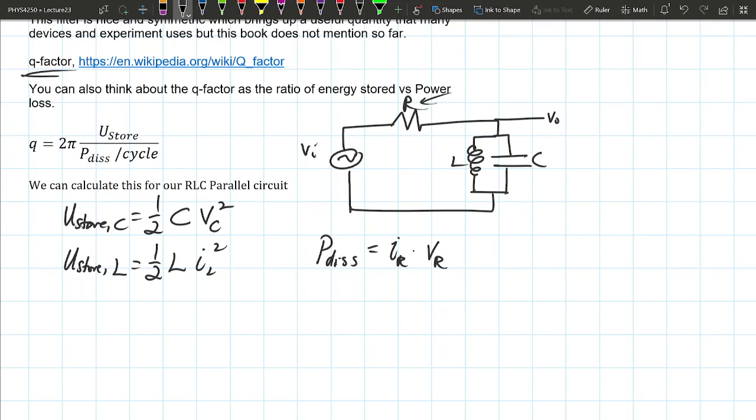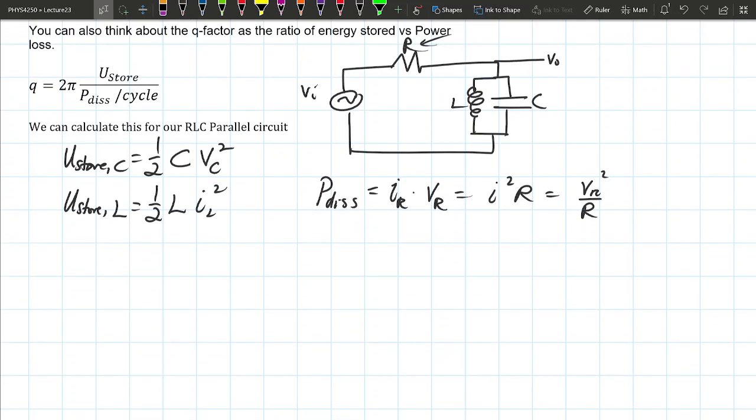Another way to write this is the current squared times R, or the voltage squared divided by R. That's just a different way of writing these things. So the amount of power being dissipated happens at the resistor, proportional to the current squared, and it could be written as being proportional to the voltage across that resistor squared.